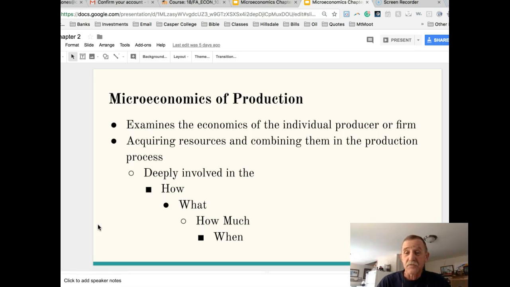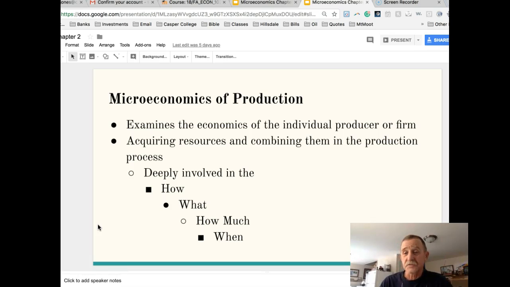Hey, listen, we may go to a totally GMO free food production process because consumers demand that. We may have a niche market here and there where grass-fed beef is demanded by certain consumer groups, and so on. You can see there are endless possibilities to how it's produced, and food is a really good example in all this. What's produced?